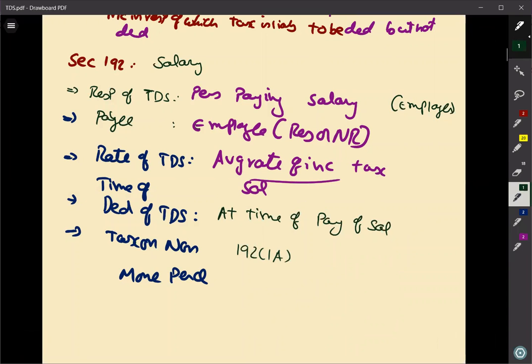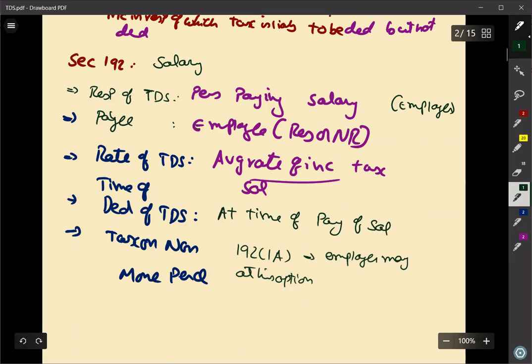What this says is that under this section, the employer may, not compulsorily, at his option, pay income tax on the perquisite provided by the employer to the employee. That is what section 192 subsection 1A is.